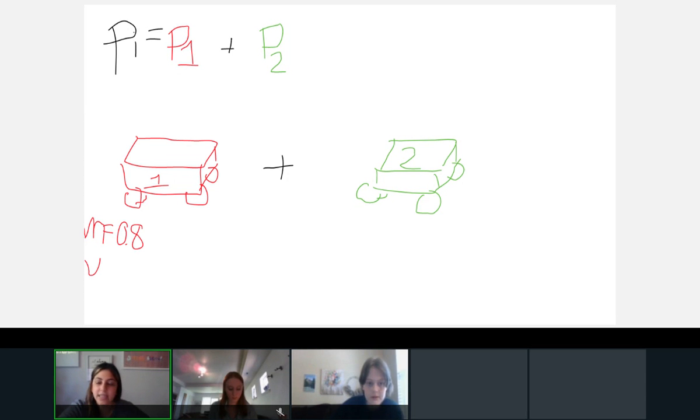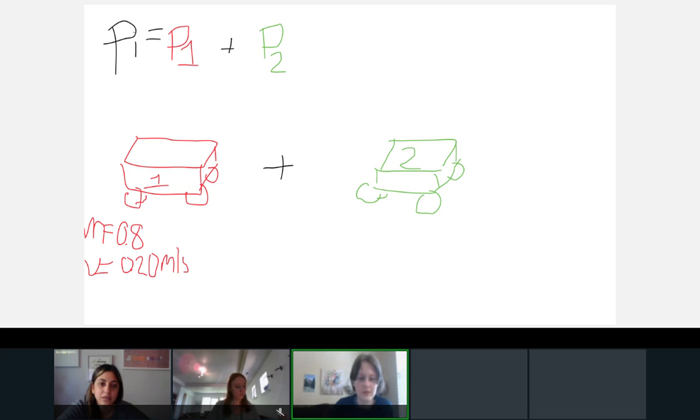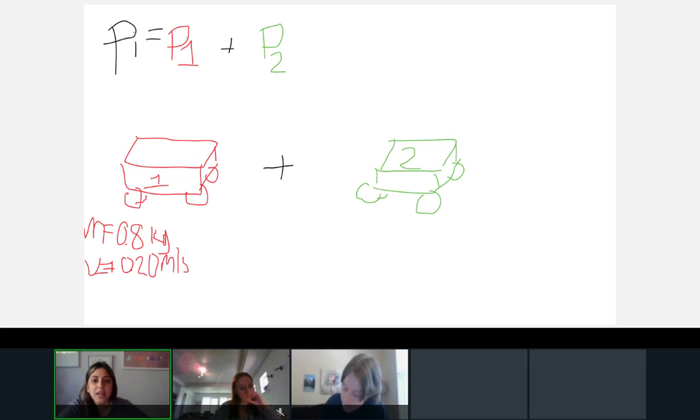And what was the velocity of wagon 1? 0.20. And direction? It's to the right. Good. So we're going to say to the right or to the east, and that's going to give it a positive, right? Okay.